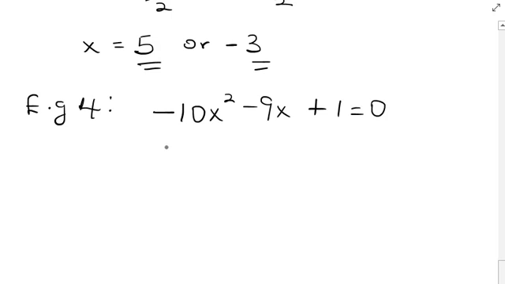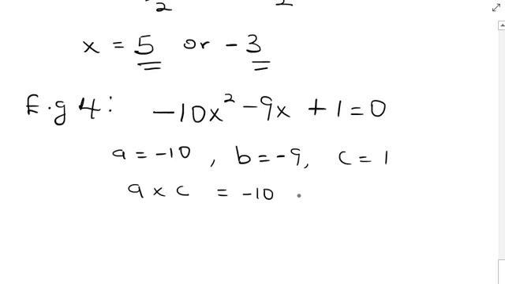So let's do that. A here is minus 10, B is minus 9, C is 1. So let's use my method. A times C is minus 10 times 1, which is minus 10. What do we multiply together to get the product, and when we add, we get our B?